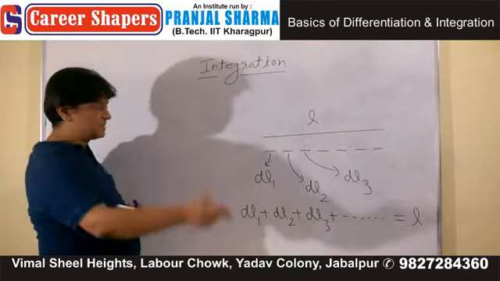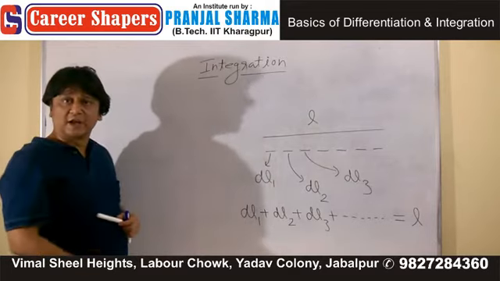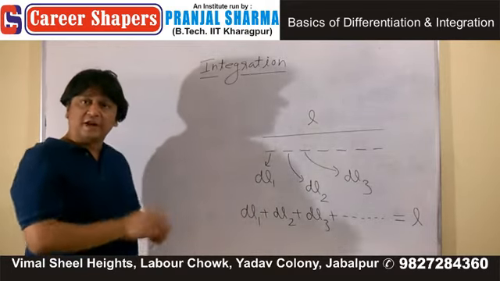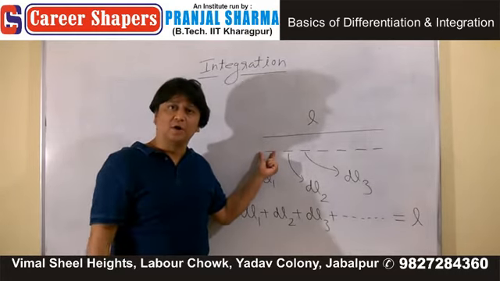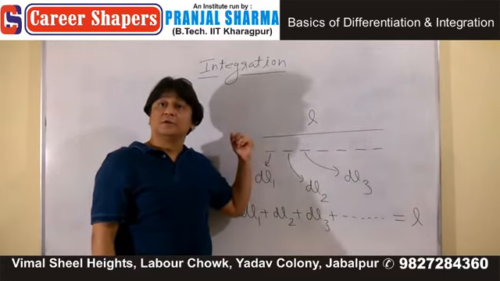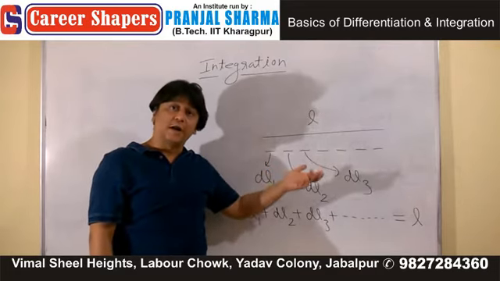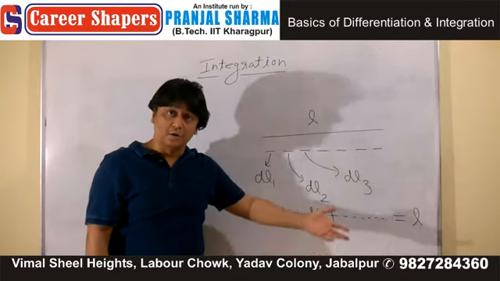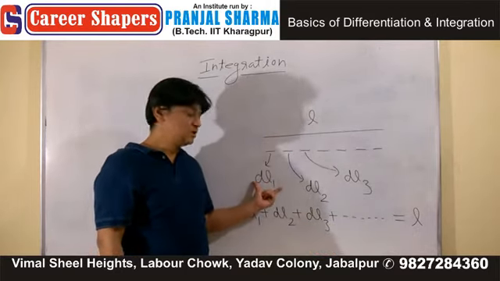I hope you cannot even see it, but since I can see, I am still decreasing it. This length is extremely small, theoretically smaller than the atom, smaller than the electron. Anything which is close to zero is your dl.